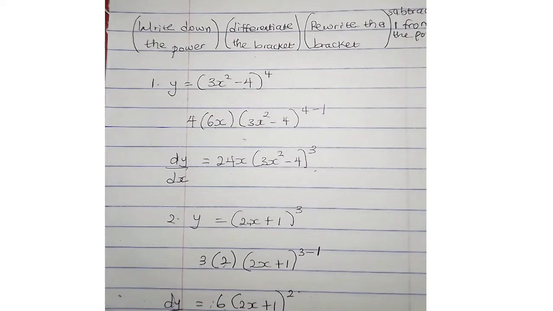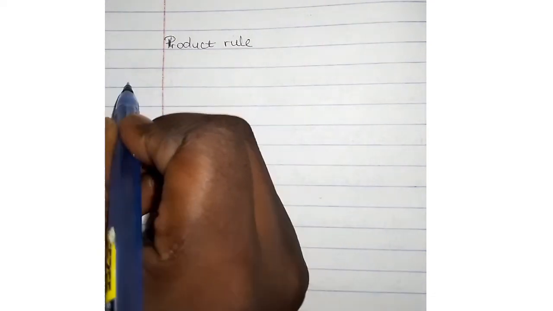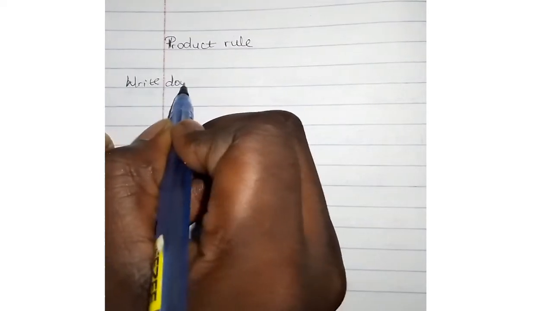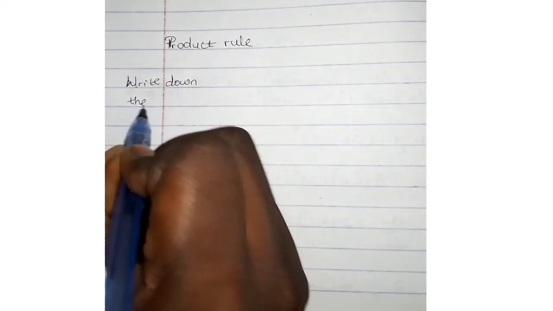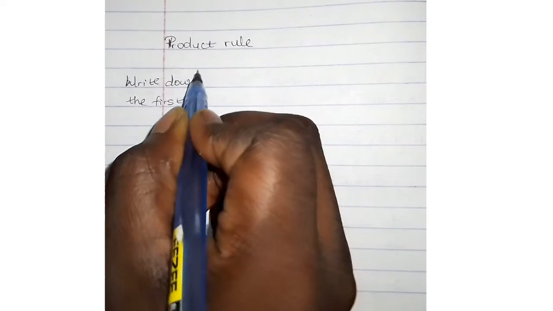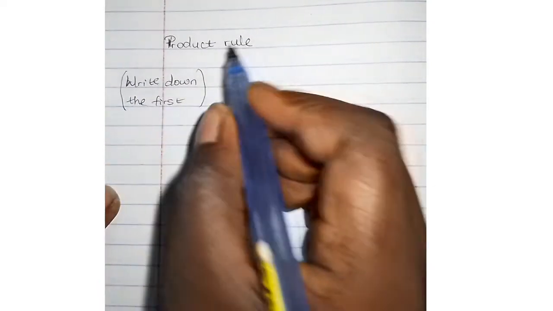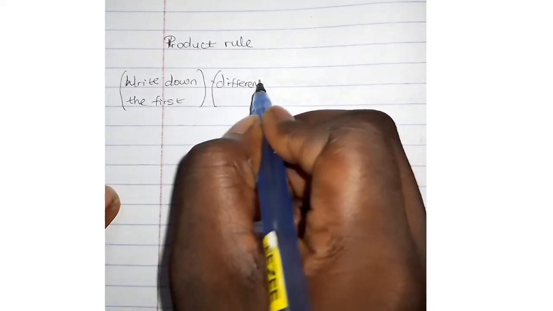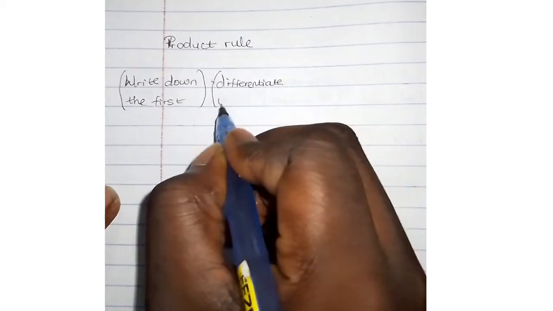Now, the trick for the product rule can be given as this. Write down the first, you can put this into a bracket. Write down the first, and the other one is differentiate the second.